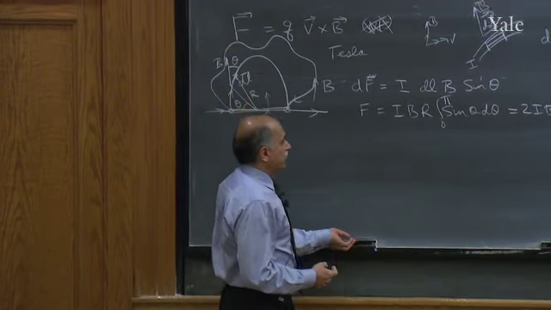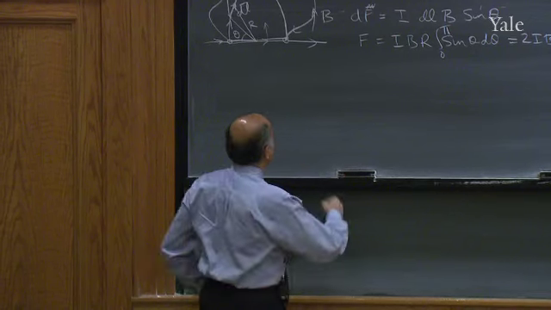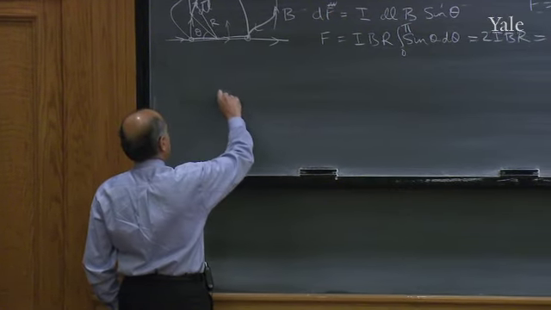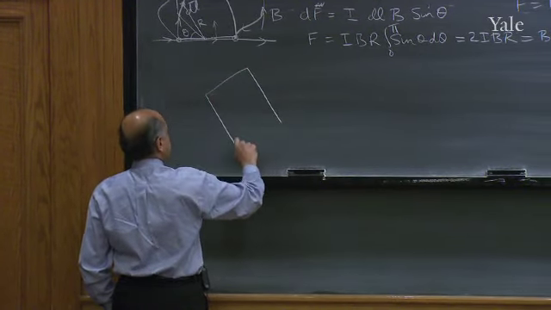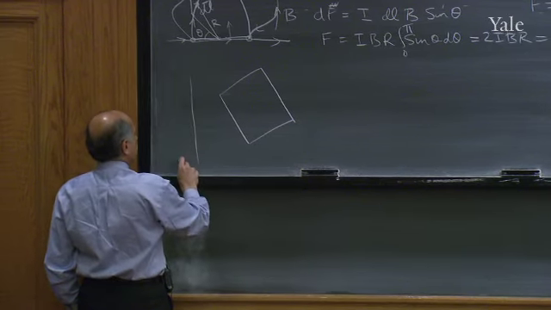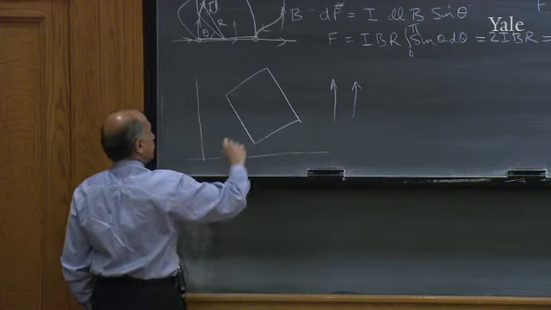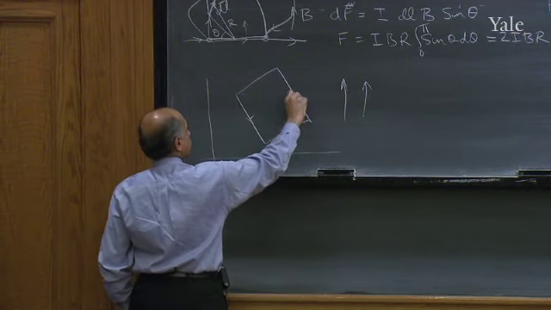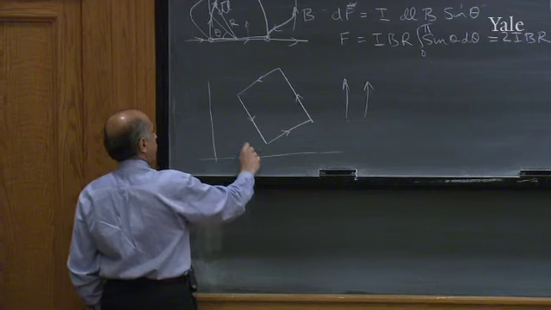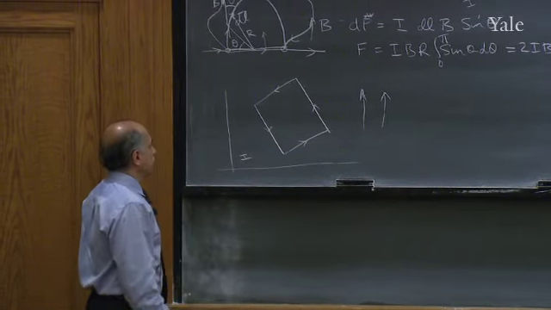Okay, so that was one line segment, but then I started taking a loop. So here is the loop, and let's say the magnetic field is going up like this, and the loop is oriented like this. It's carrying a current I in the sense shown here.